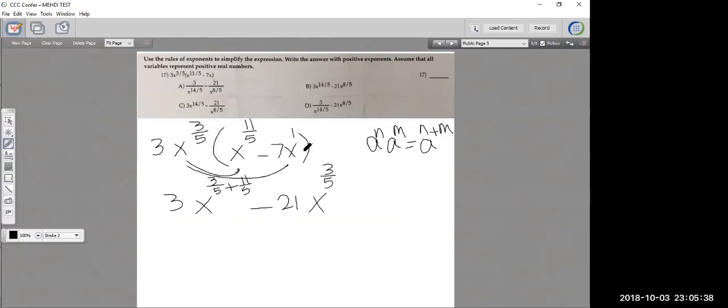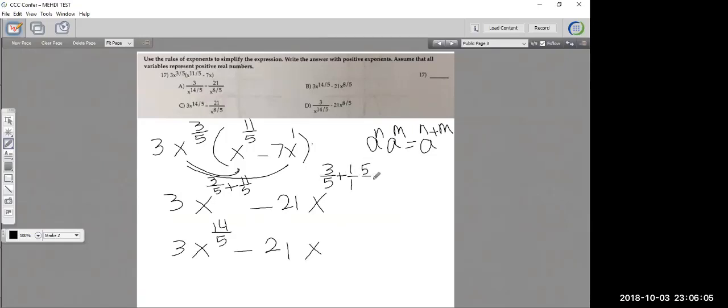And this is 1, so you're going to add the exponents, plus 1 over 1. Okay, the first one would be 3x. And if I add this, the LCD is the same. So that would be 3 plus 11, that would be 14 over 5, minus 21x.